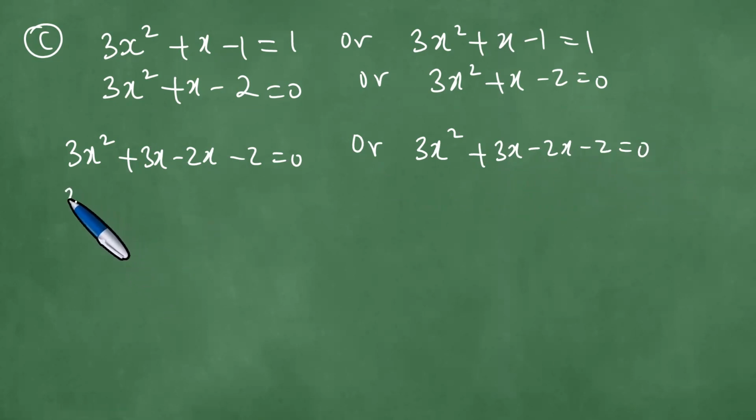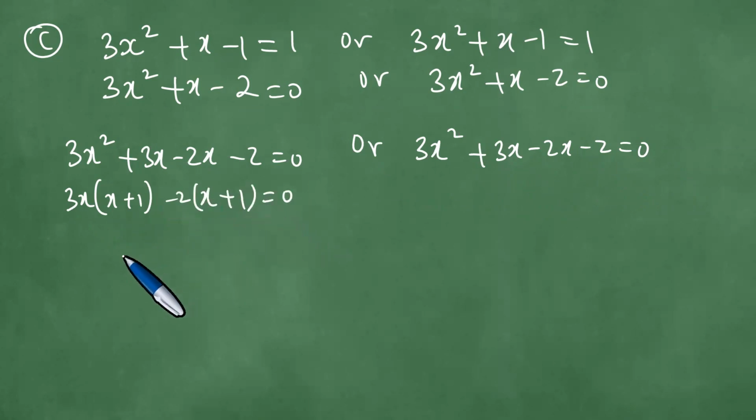Now we factorize. 3x is a common factor, giving us x plus 1 minus 2 into x plus 1 equals 0, which means you have x plus 1 into 3x minus 2 equals 0.